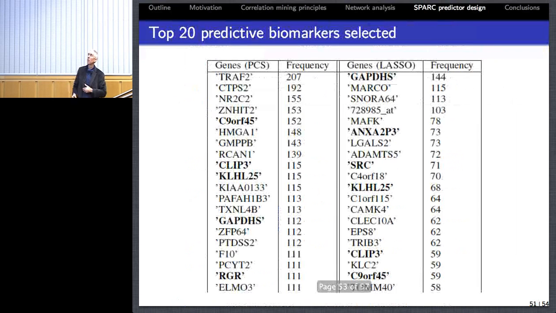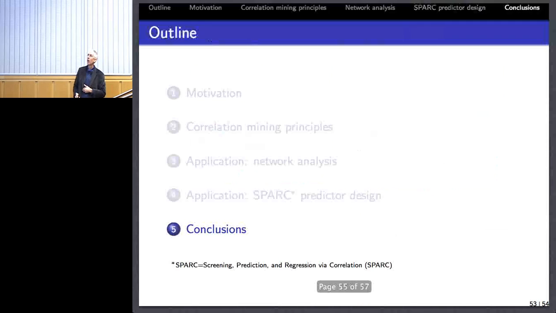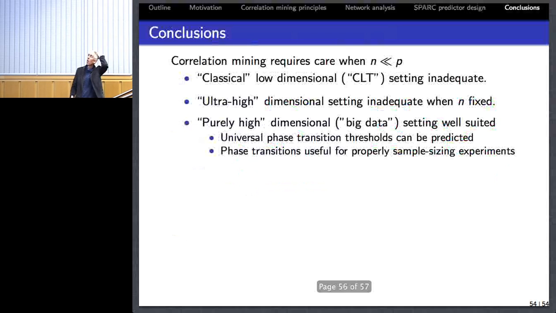And then these are just some of the genes that came out, which isn't important. This is the conclusion. This big data setting requires lots of care, where you have many fewer samples than biomarkers, N much less than P, and it's inadequate to apply the standard central limit theorem type of measures. Bootstrapping is very unreliable.